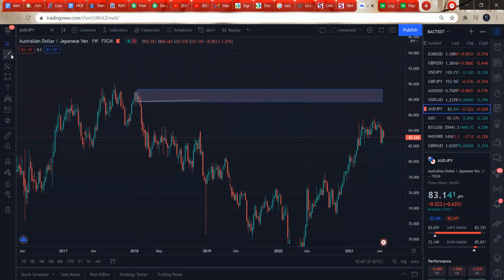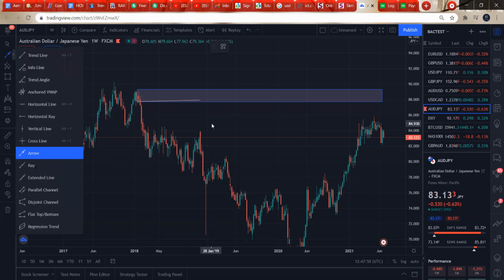Are we on a 1 week structure? Yeah, 1 week. And then from here we broke these lows. We broke the lows, and then after breaking the lows, this is the big order block. Okay, it came back, retested, it was broken here, came back. So this is the order block here.